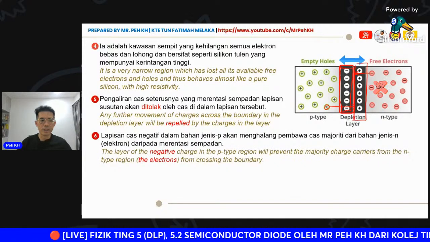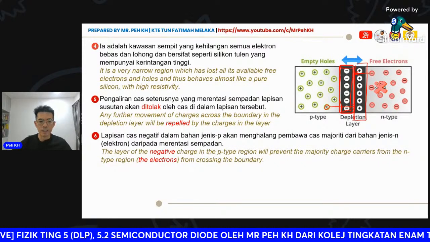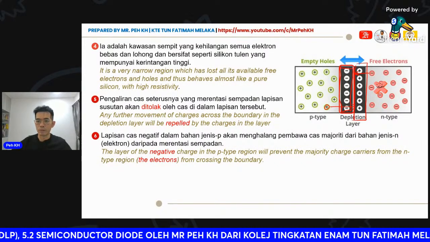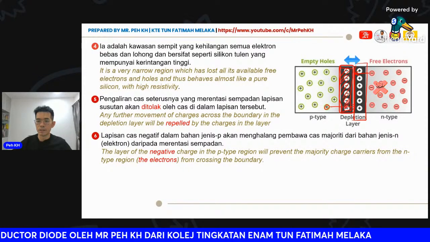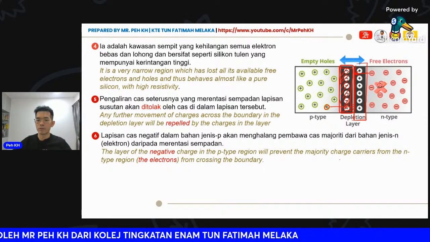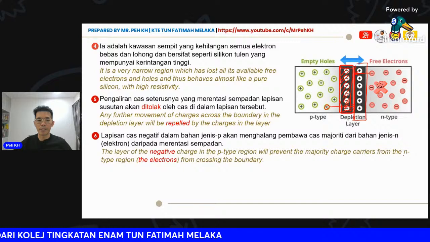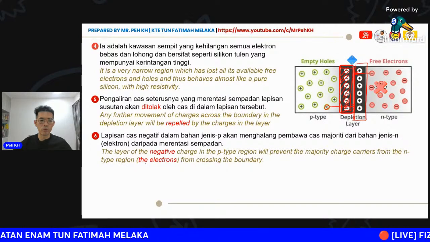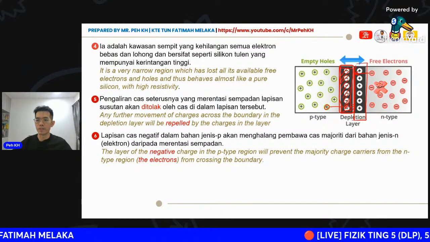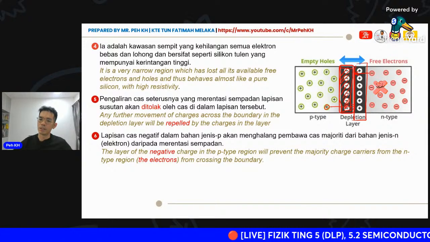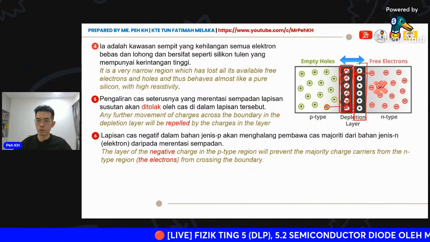The layer of negative charge in the P-type semiconductor will prevent the majority carrier from the N-type region, which is the electron, from crossing the boundary. So here the electron will not be able to move anymore.